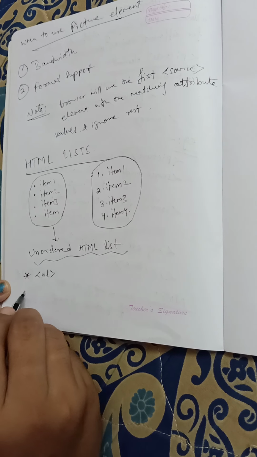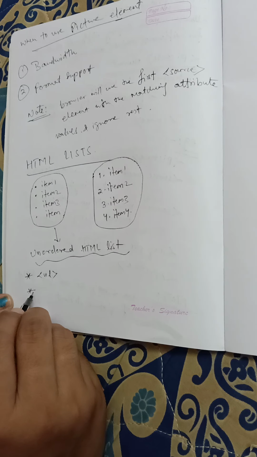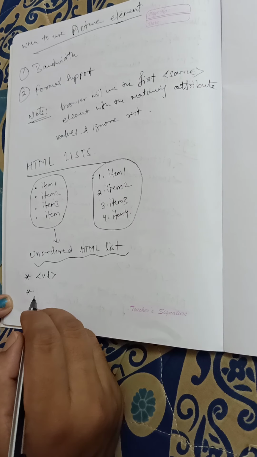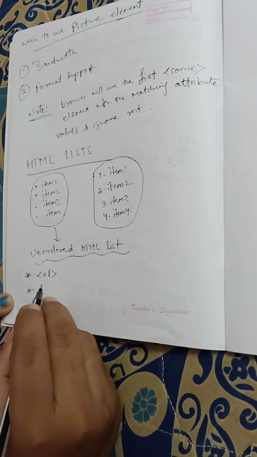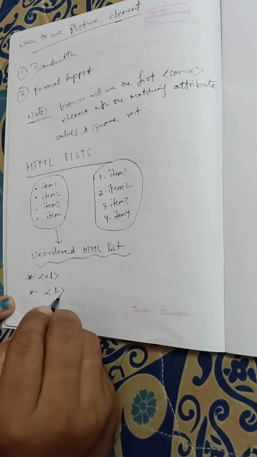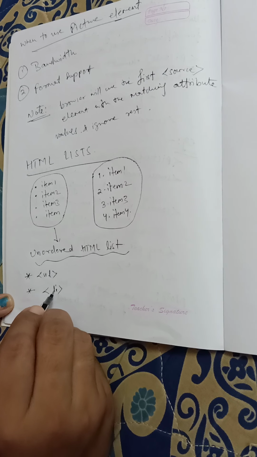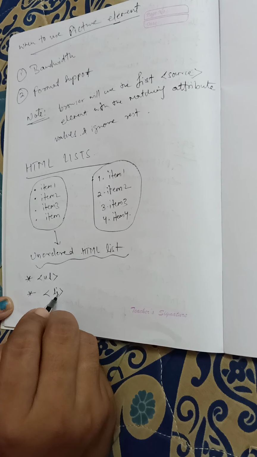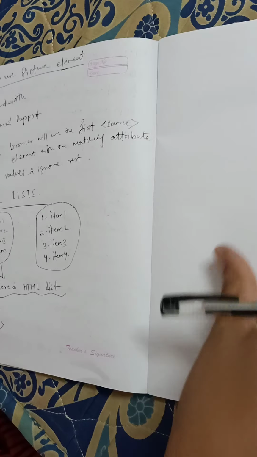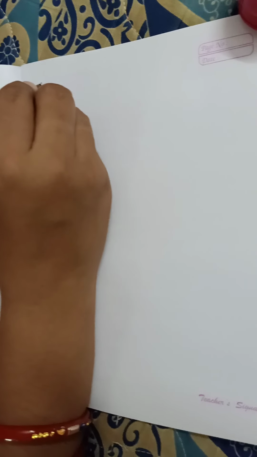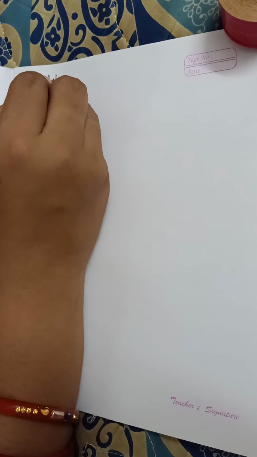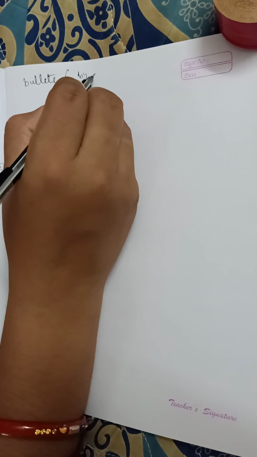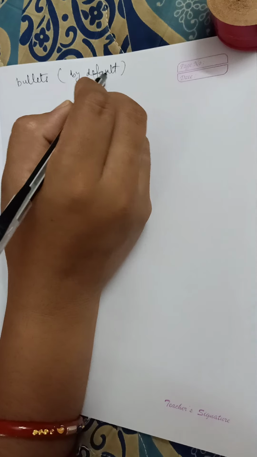Then each list item starts with an LI tag, that is list item, LI. Okay, so the list items are by default marked as bullets. So this one is the default one.